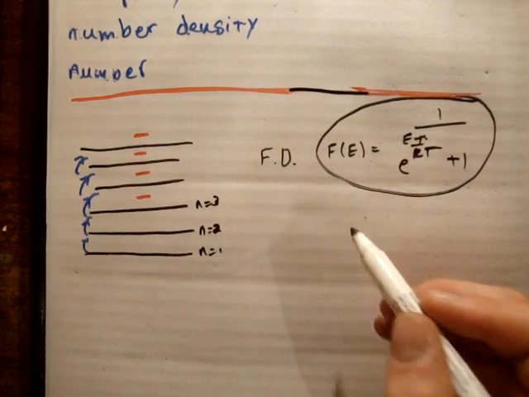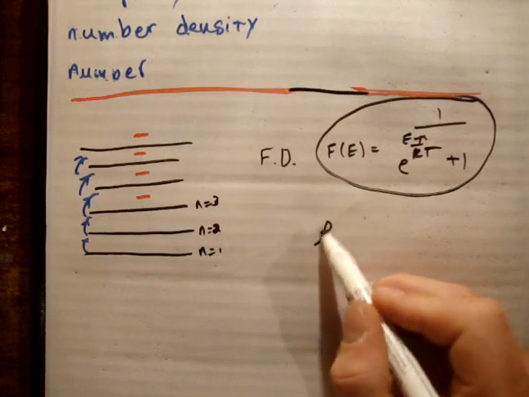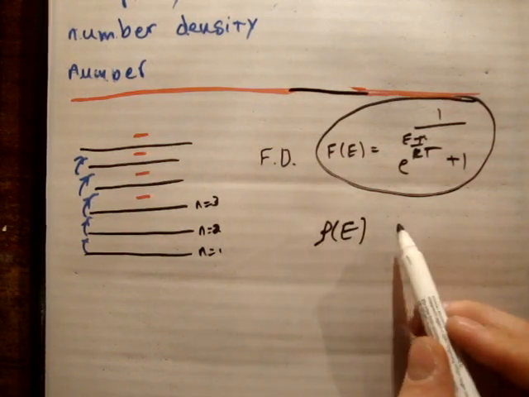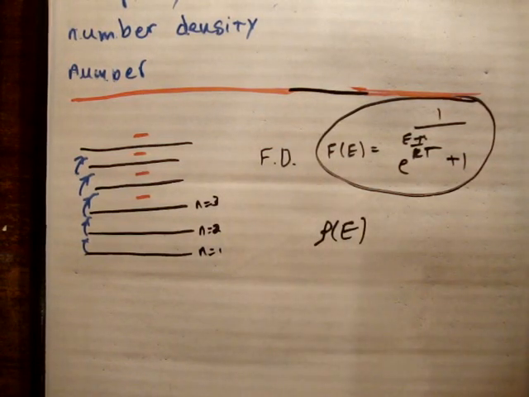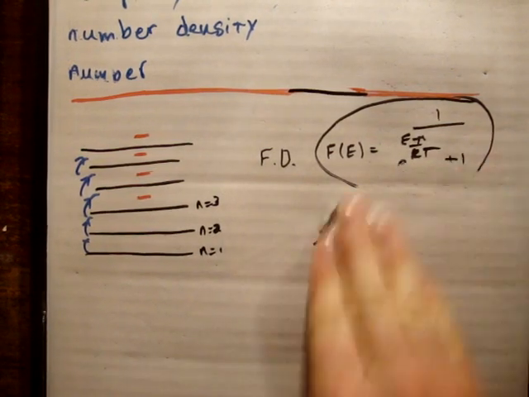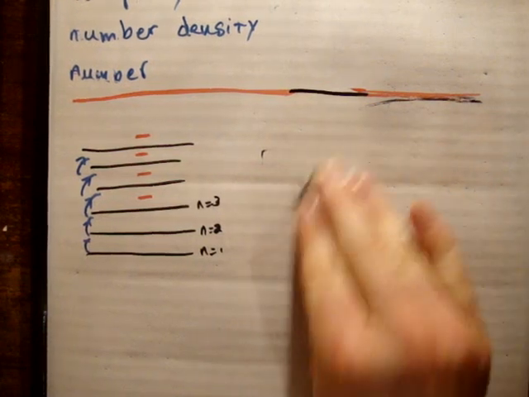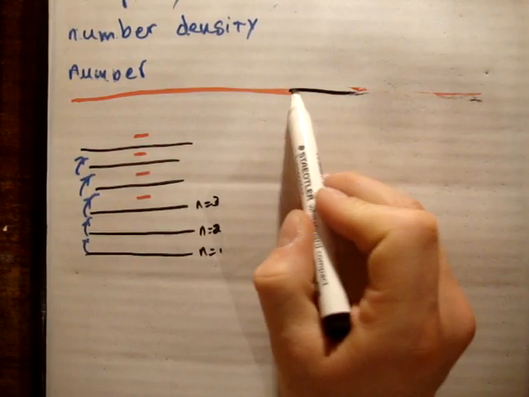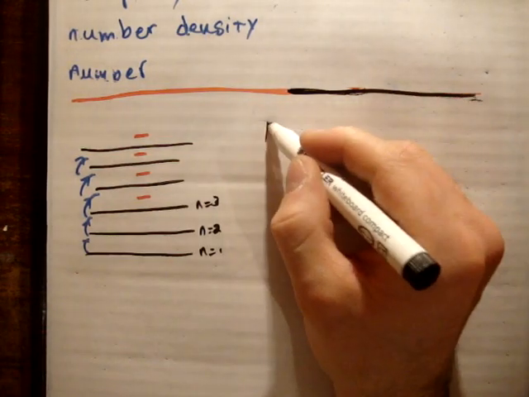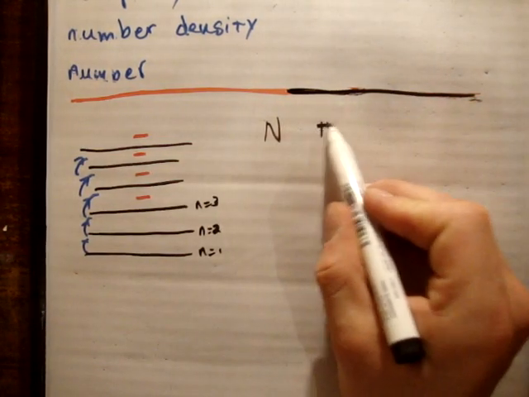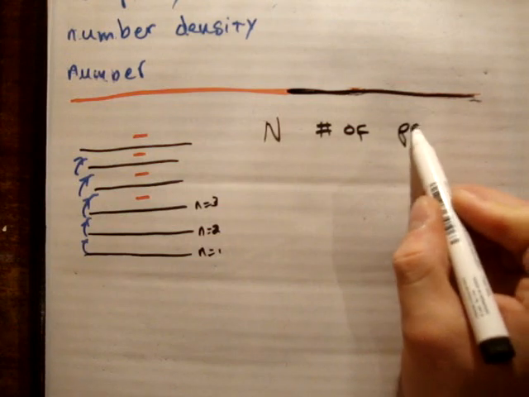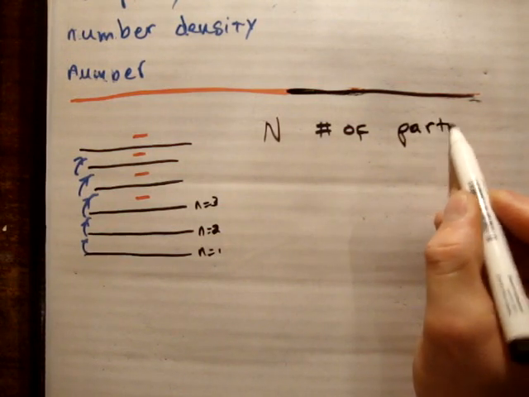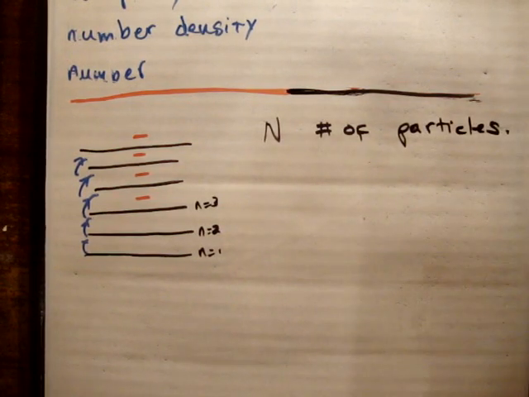So we know that f of E is the occupancy, or the probability of something being occupied, and that the density of states is the number of states per unit volume. So how do you find the number density? What does number mean? Number is the amount of something. We usually give capital N as the number of particles. What is the number of particles in a stadium?